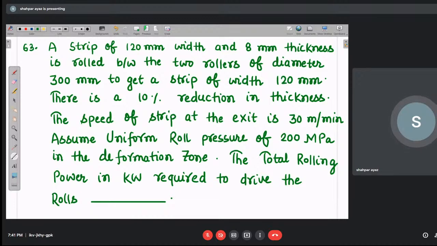Still not getting the right answer? Sir, how do we calculate if we don't know the RPM? Okay, let me solve. Wait.